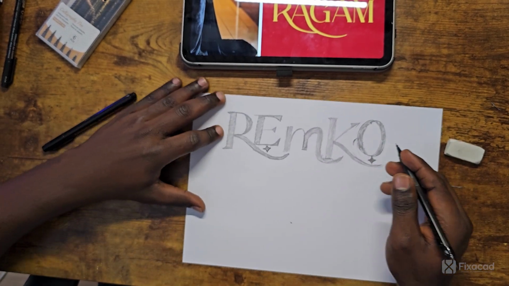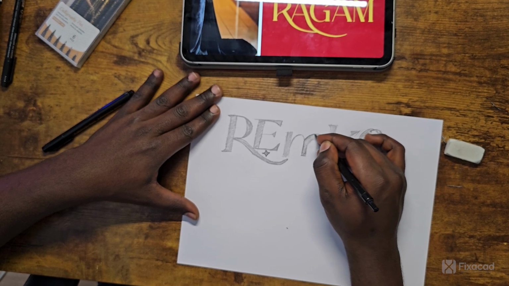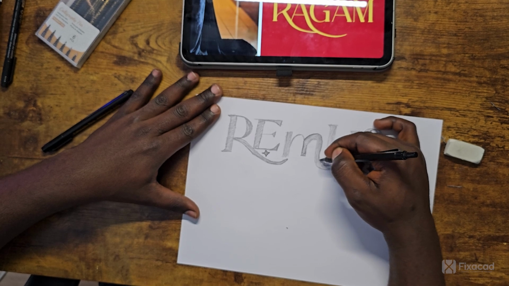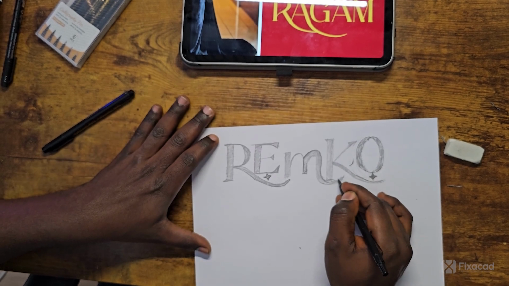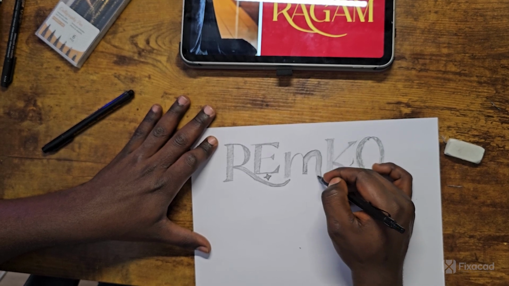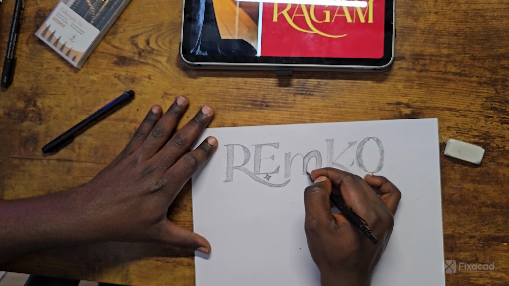All right, so you see, we now have another form of Remco. It's not only the K and the R that have a swash or elongated stroke. We now make the M also have one.